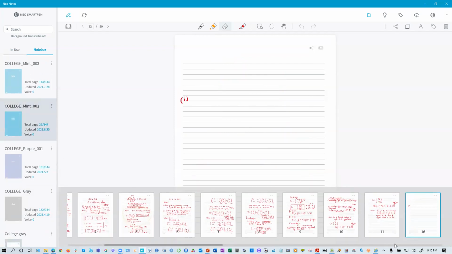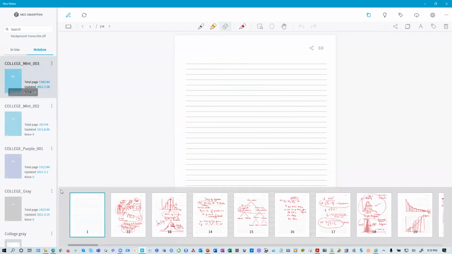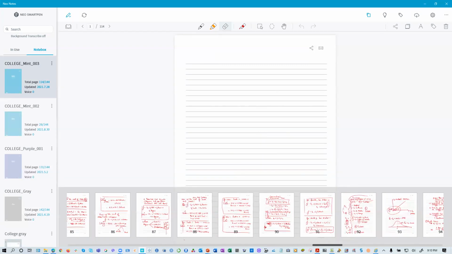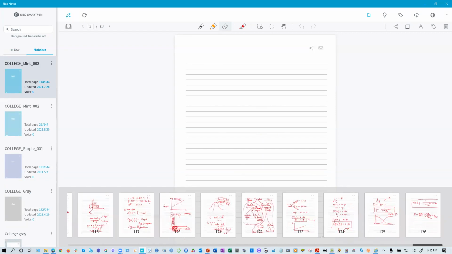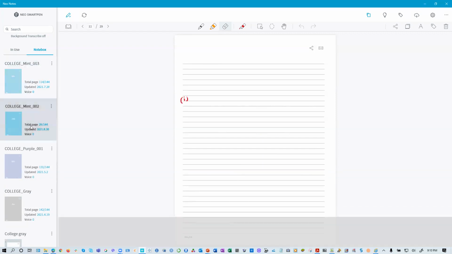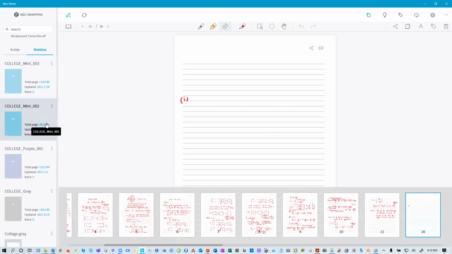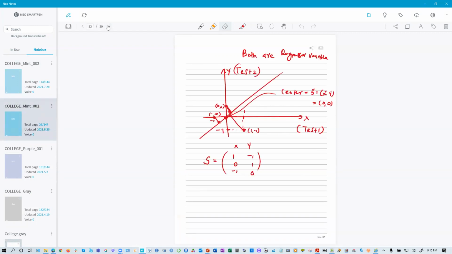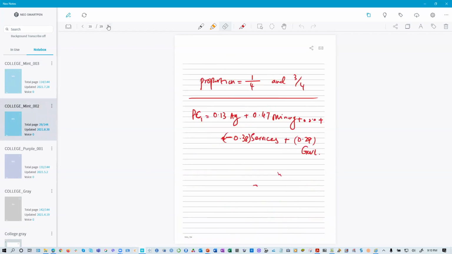This one should be on this one. What happened? Like this, the book. I think something happened. Yeah, the pages. Let's see.